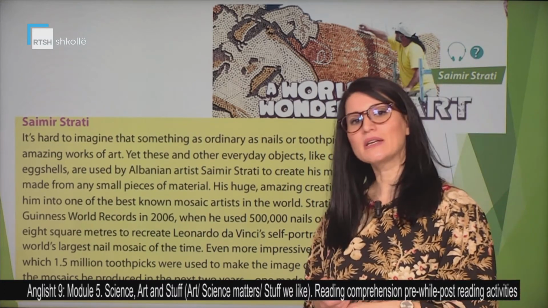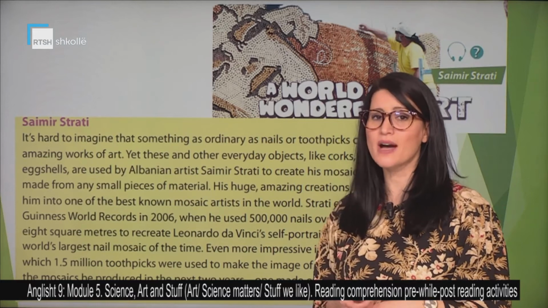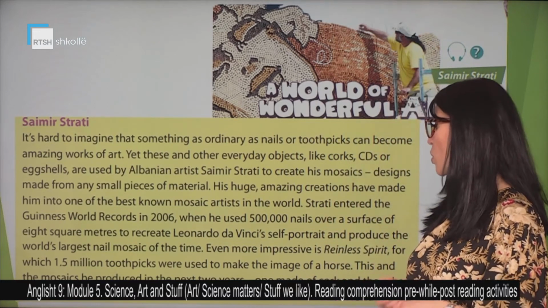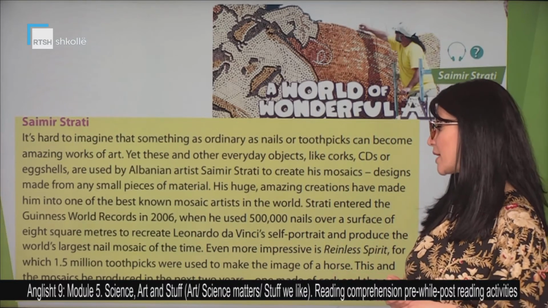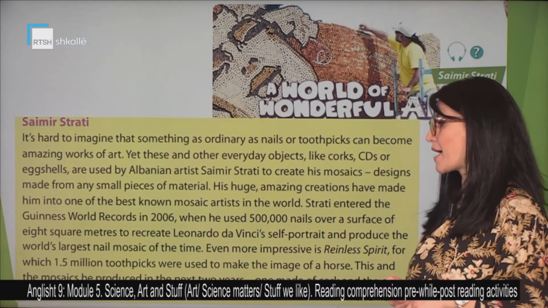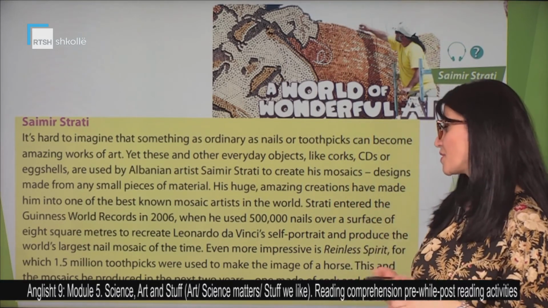Strati entered the Guinness World Record in 2006 when he used 500,000 nails over a surface of 8 square meters to recreate Leonardo da Vinci's self-portrait and produce the world's largest nail mosaic of the time.